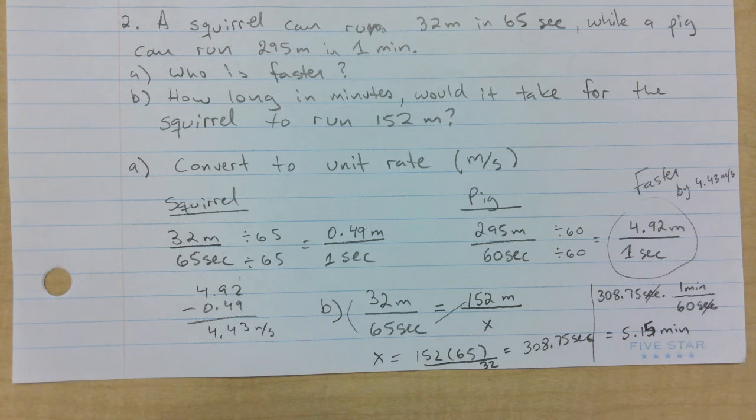Yes, I know what you're thinking. You could have said 5 minutes and then seconds, right? Absolutely. You can convert the 0.15 minutes to seconds by just multiplying that by 60, right? You can find out what the 0.15 of a minute would be in seconds if the question asked you to.